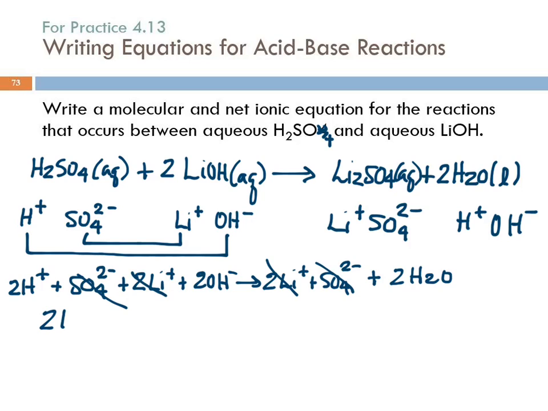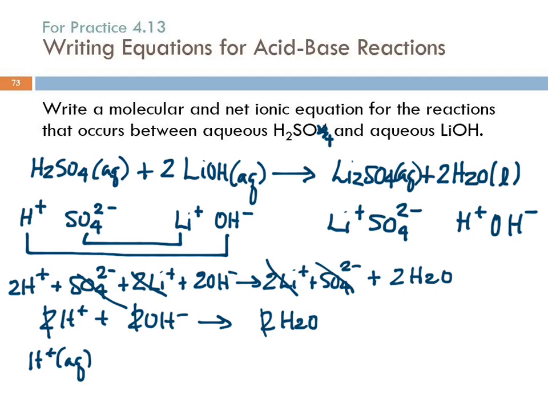And what I've got left here is 2H plus and 2 OH minus going to 2 H2O. And I can divide everything by 2, and then I come up with hydrogen ion aqueous plus hydroxide ion aqueous forming water. And that's my net ionic equation.